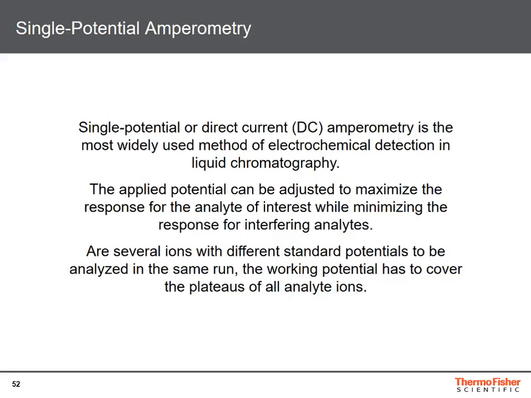In other words, the lower the oxidation potential, the higher the specificity of the method. If several ions with different standard potentials are to be analyzed in the same run, we have to choose a working potential that covers the diffusion control plateaus of all analyte ions.